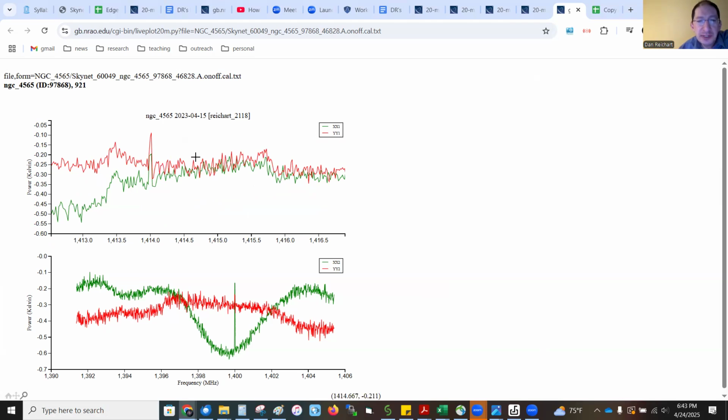And the central frequency for these appears to be about here. I'll write that down. For this particular observation, I'm getting about 14.7. Have to interpolate a little bit here. And for the edge, you could take either this edge or this edge. It doesn't really matter.